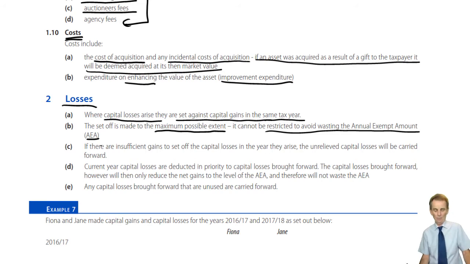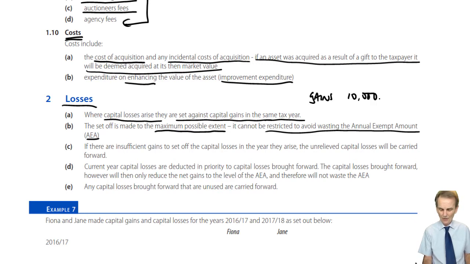So, for example, if during this year I had made so far gains of £10,000 and I was about to make a disposal of one more asset, and on that asset it would appear that I'm going to sustain a loss of £8,000.